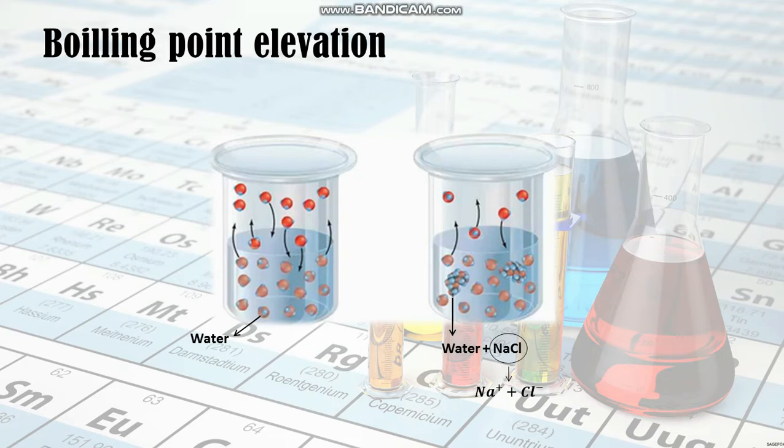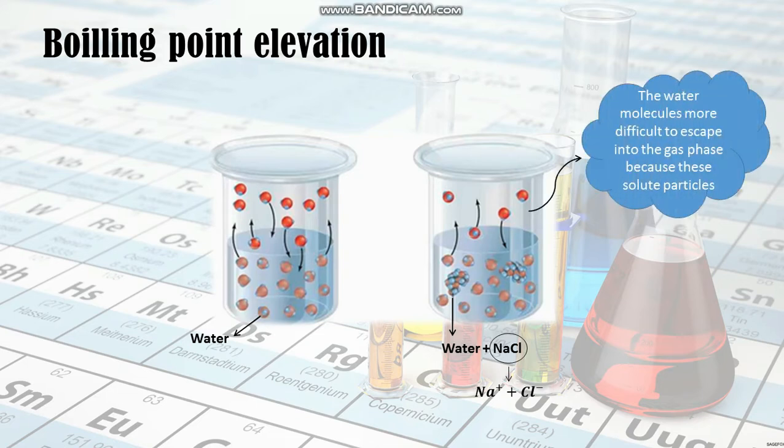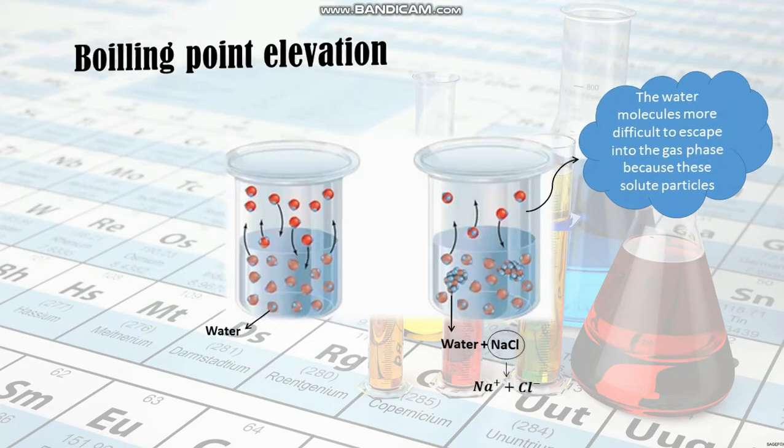They need more energy, so you have to add more heat to get water to escape to the gas phase. The boiling point goes up. The temperature that's required to boil water increases. So the presence of the solute particles blocks the water molecules from entering the gas phase, making it harder, and that's why the boiling point increases, because you need more energy to escape to the gas phase.